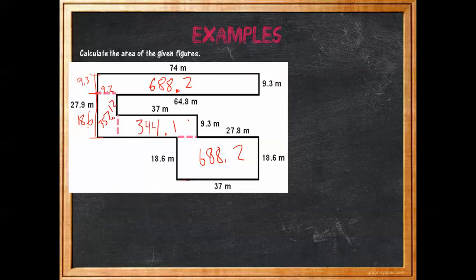Now I'm just going to take all my areas and add them up. 688.2, we have two of those, so we multiply that by 2. Then we add 344.1 and 357.12. 688.2 times 2 is 1,376.4.